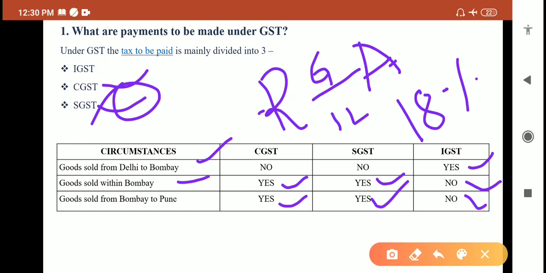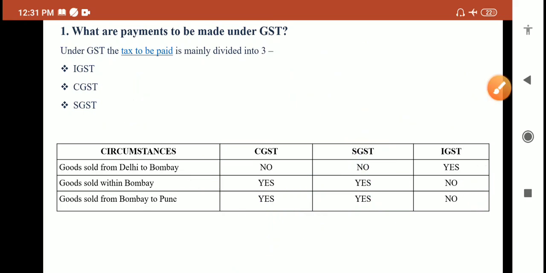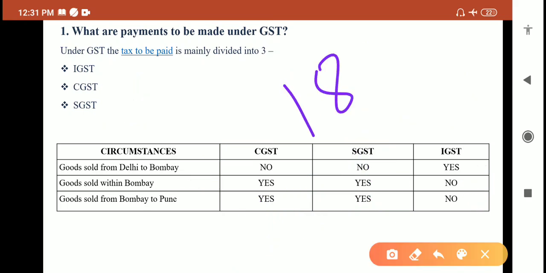The transaction is 1 lakh, the GST rate is 18%, so the total is 18,000, which goes to the central government.